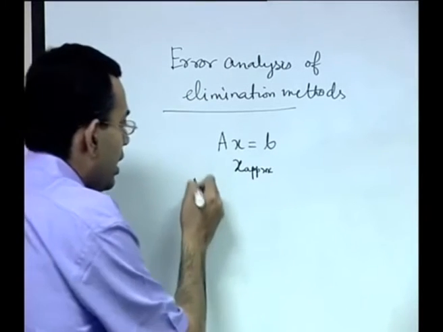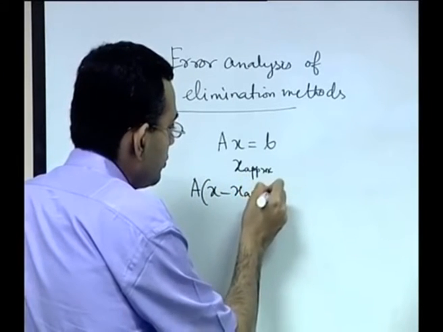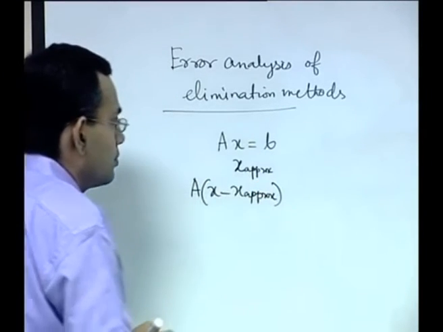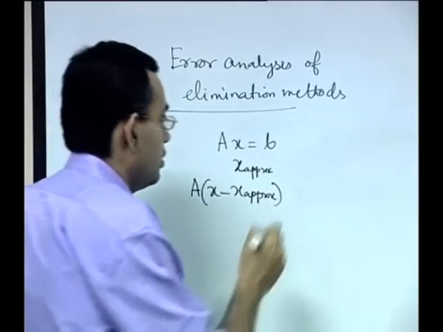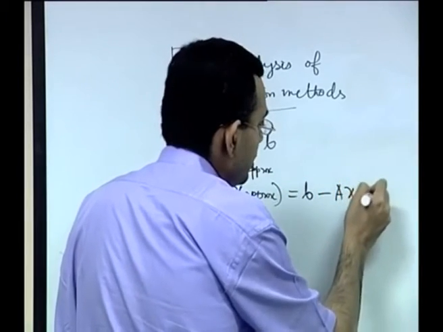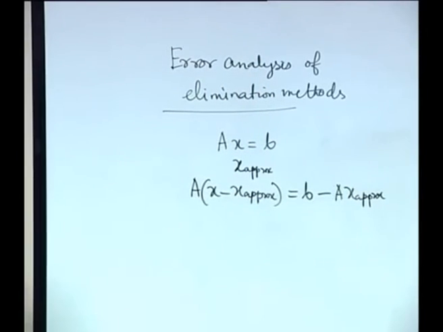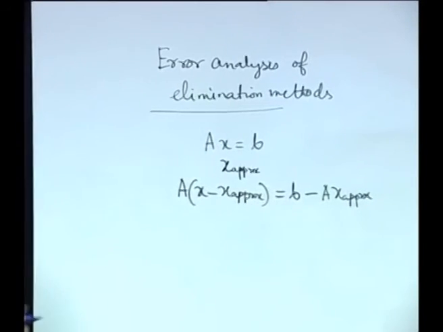So, A into (x minus x approximate) is equal to b minus A into x approximate. What is x minus x approximate? That is the error in x, right.